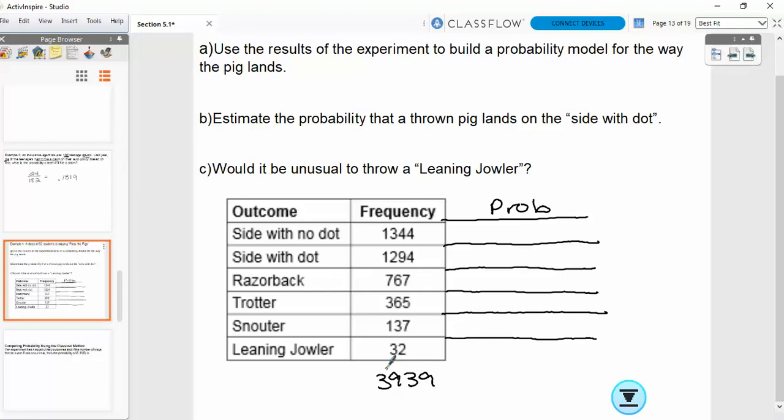So 1344 divided by 3939. And we'll just go to 4 decimal places because this is not going to be a pretty fraction or anything. When we're rounding like this, is it guaranteed that all the probabilities will add up to 1 exactly? No, because we do have slight rounding error, but it should be very, very close.